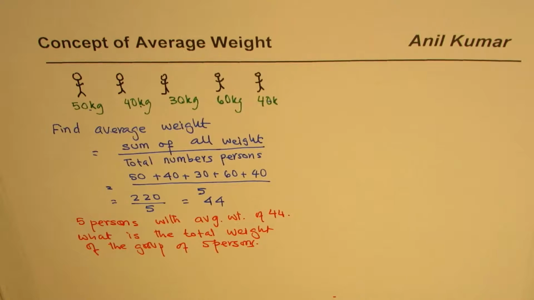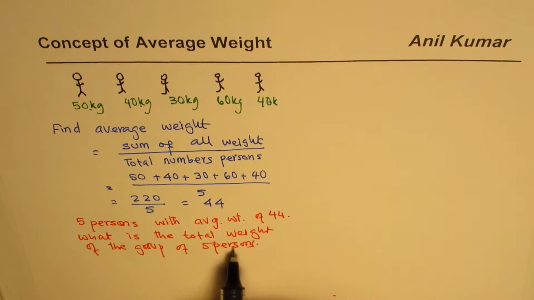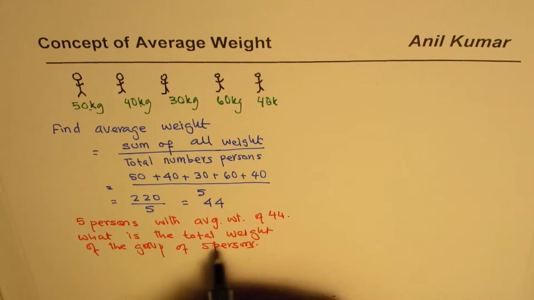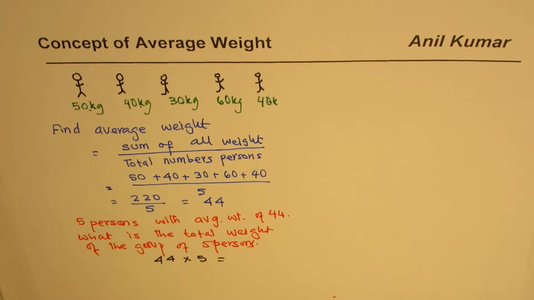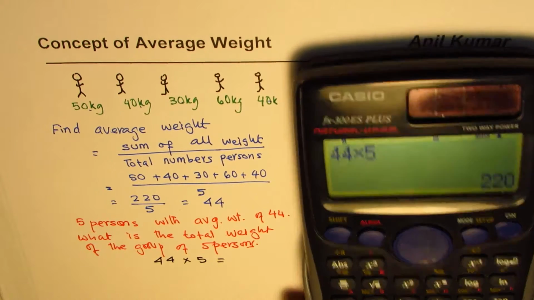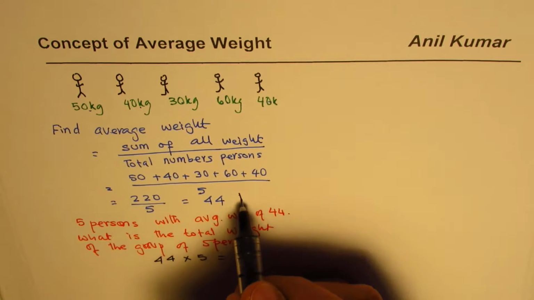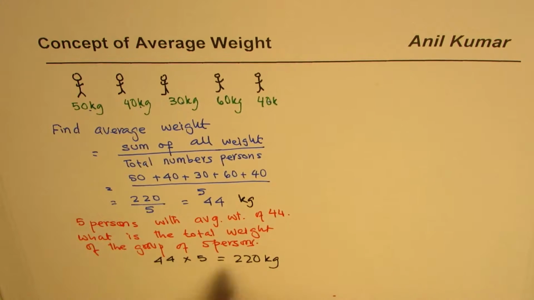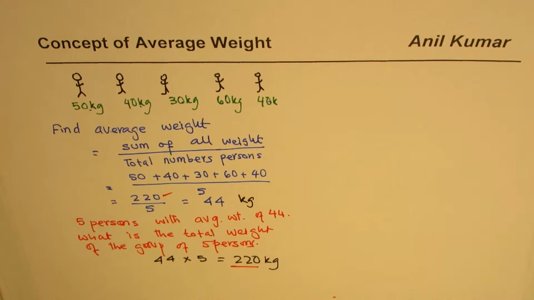Well, the answer is simple. If average weight is 44, then 5 persons of this group will have total weight of 44 times 5. Do you see that? 44 times 5 is 220, and of course we are working with units of kg, so we get 220 kg. So you see this 220 perfectly matches with what we found here. Correct? So this is average weight.